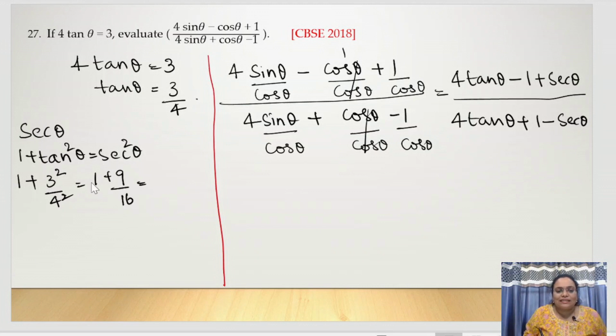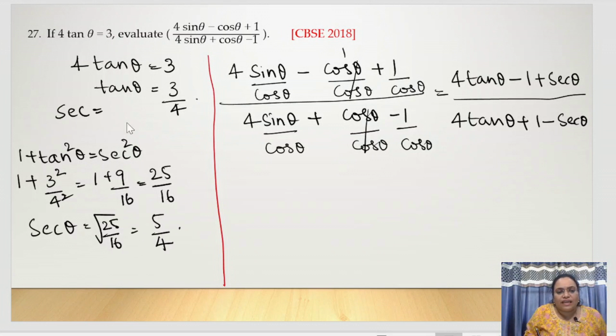You will get 16 plus 9 is 25, 25 by 16. If you want secant theta, which will be root of 25 by 16 will be 5 by 4. So the value of secant theta will be 5 by 4. Now put in the values here.